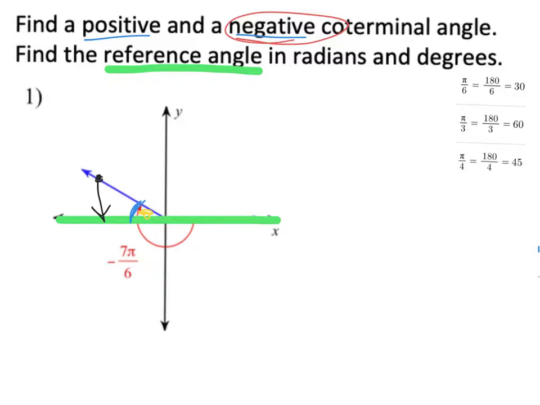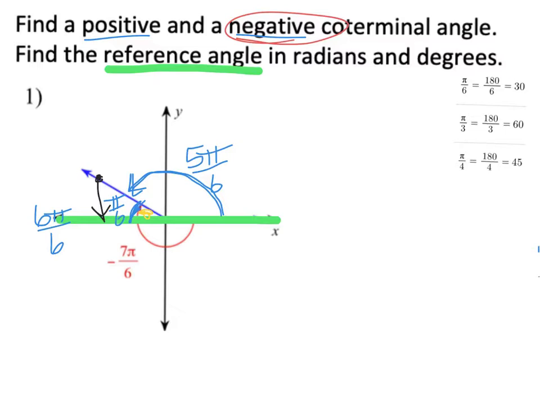Since we're at negative 7 pi over 6, which is also coterminal with 5 pi over 6, that means that this angle here is actually 1 pi over 6. Remember, this is 6 pi over 6, and you're at 5 pi over 6, so you've gone 5 pi over 6. So this little angle in here is going to be pi over 6.